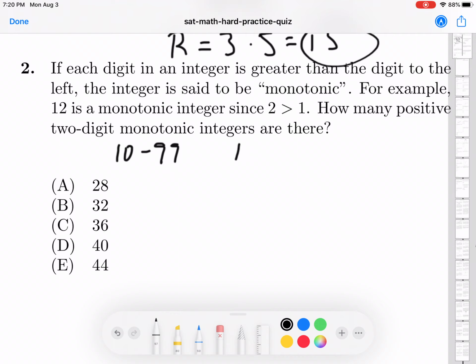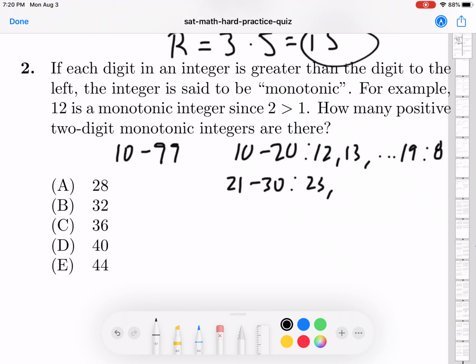So let's start with 10 to 20, and there we have 12, 13, all the way until 19, which is 8 integers. Doing the next group, 23, 24, all the way to 29, and that's 1 less than the previous one, which is 7 integers.